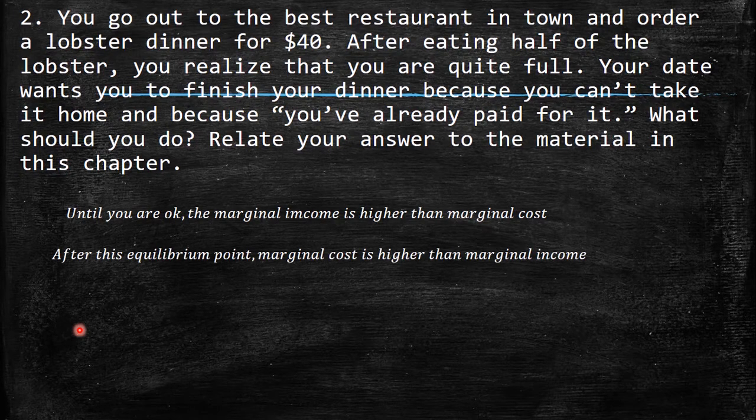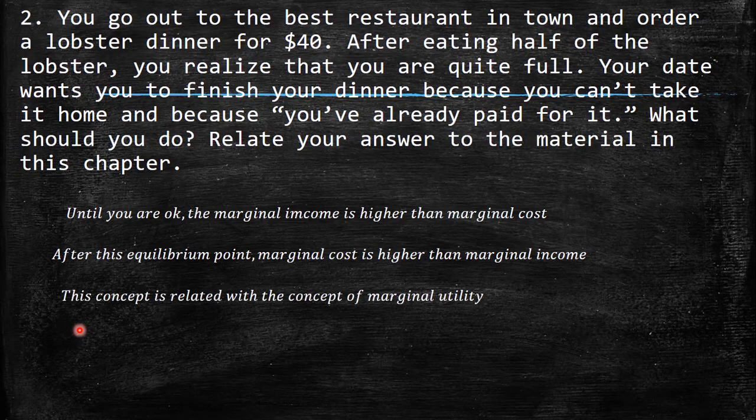After some point, let's take this one as the equilibrium point, the marginal cost is higher than the marginal benefit. So it means the cost of eating one little piece of lobster hurts you. So at this time, it's not really nice to eat more.